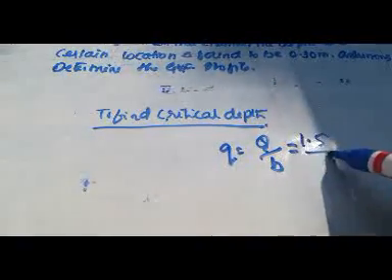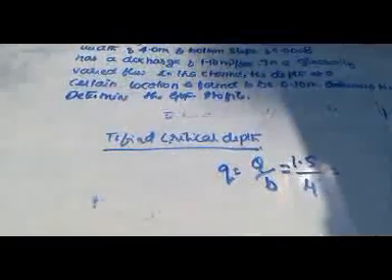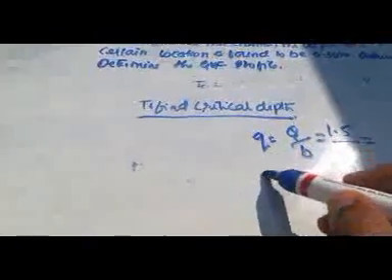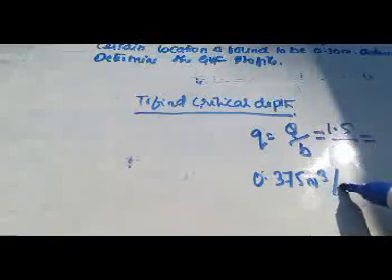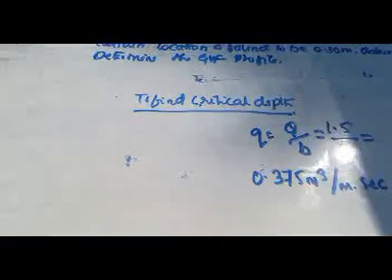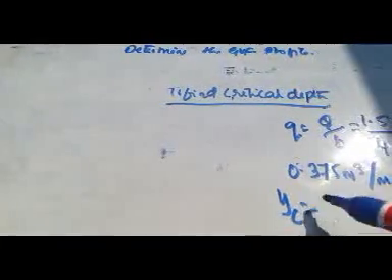Capital Q we know is 1.5, divided by small q, B is 4. So the answer is 0.375 meter cube per second per meter, that is small q. And what is the critical depth?